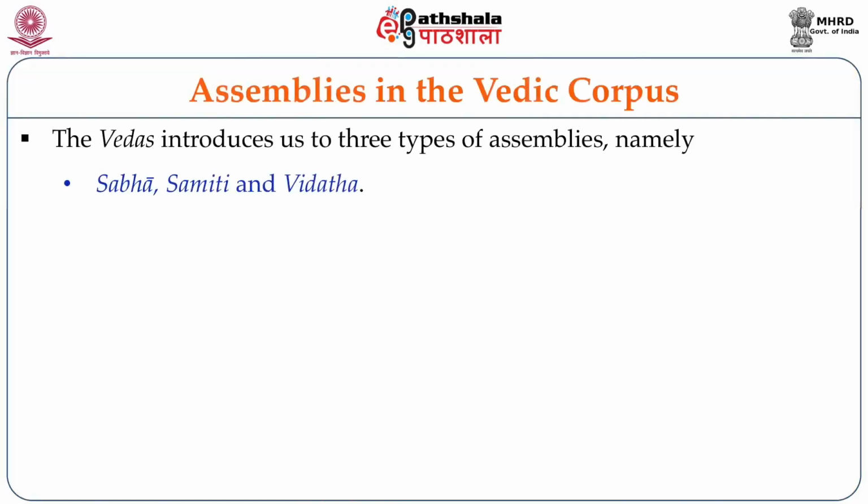We can see how new assemblies were being brought up, like Sabha and Samiti. Then we have Vidhata, another very important assembly found in the Vedic literature, and the people were known as Visha. The entire corpus gives us an idea of how the Vedic political structure was being formulated.